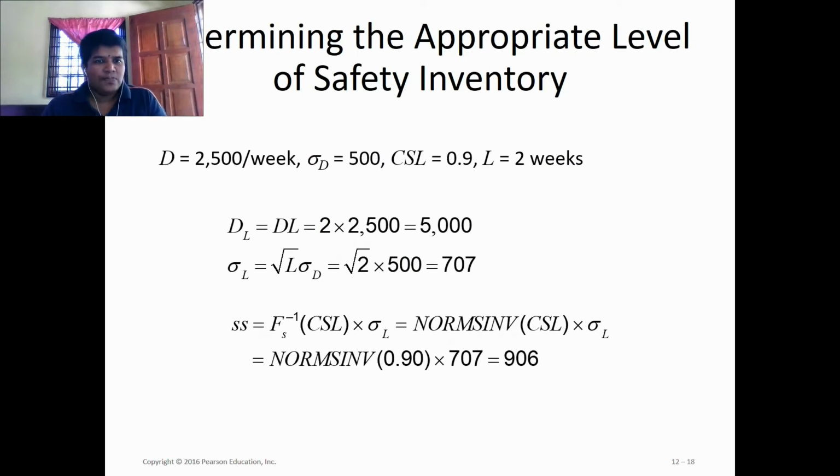Again here, you just plug all the figures into the formulas, then you will get a value of 707 for sigma L. For DL you will get 5,000, then you plug in everything to get your normal distribution value, which is 0.906.